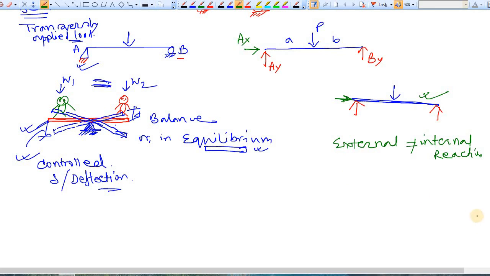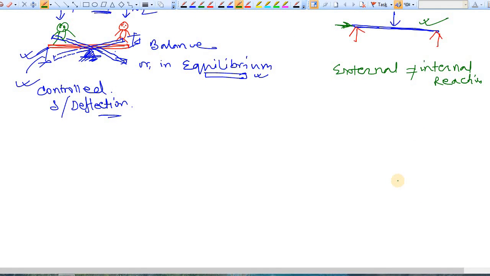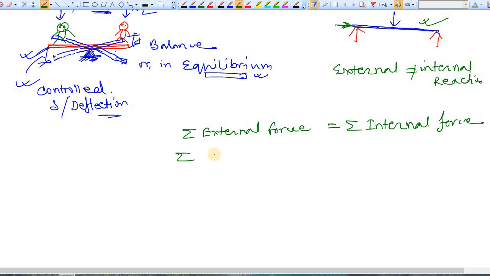So to maintain equilibrium, you always have to make sure that the summation of external force is equal to the summation of internal force, or the external moment is equal to the summation of internal moment.